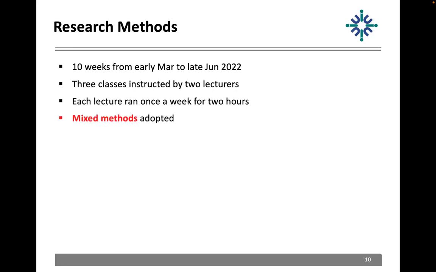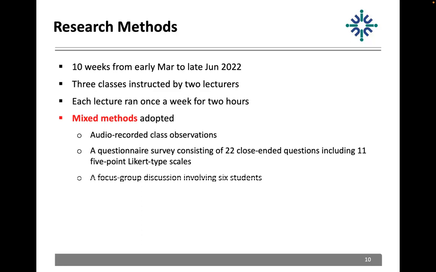And we adopted mixed methods in our study. As you can see, we used audio-recorded class observations and also a questionnaire survey consisting of 22 questions, including 11 5-point Likert-type scale items. And we also used a focus group discussion to get more specific information from the students.